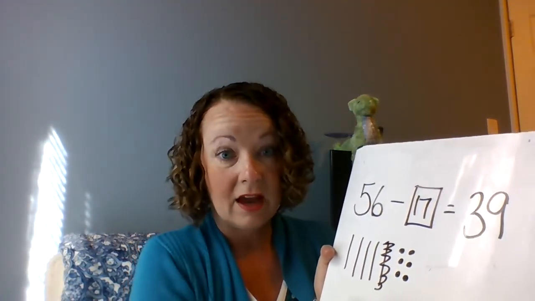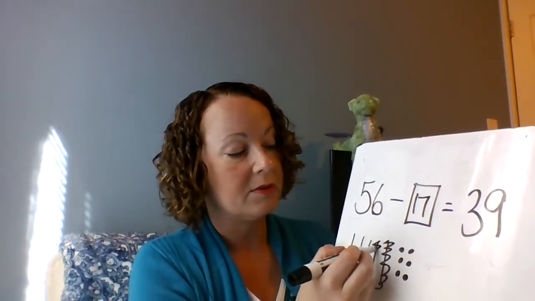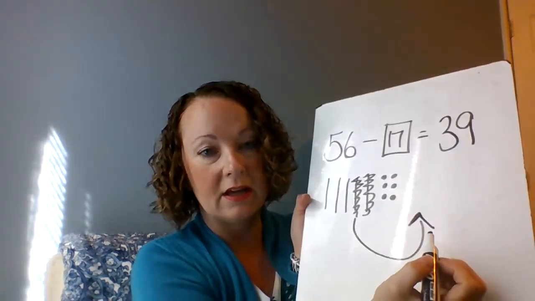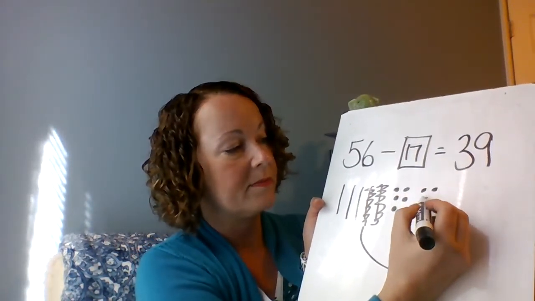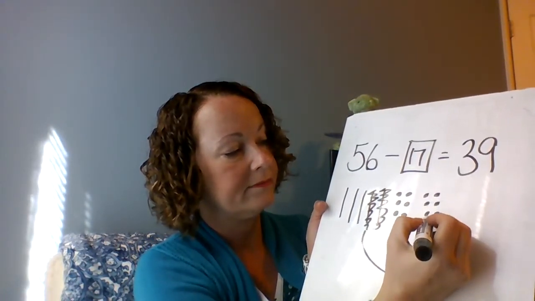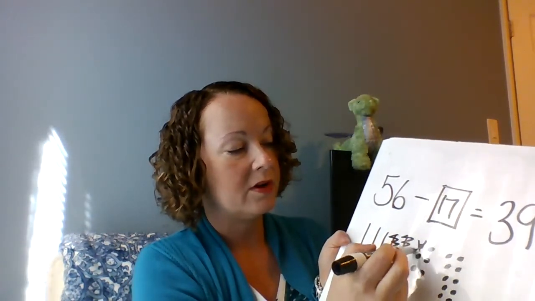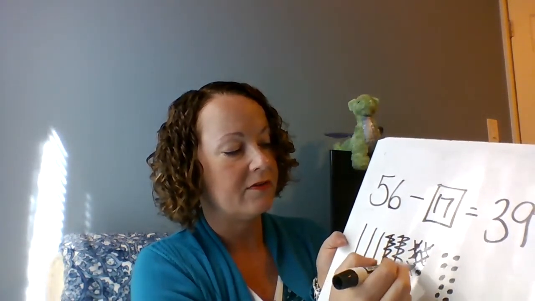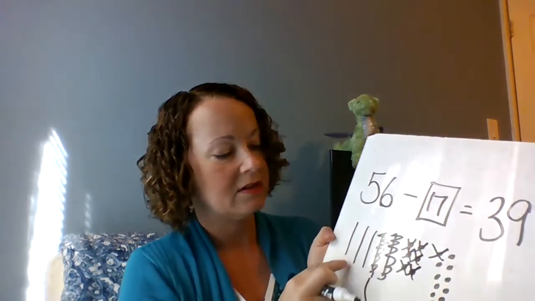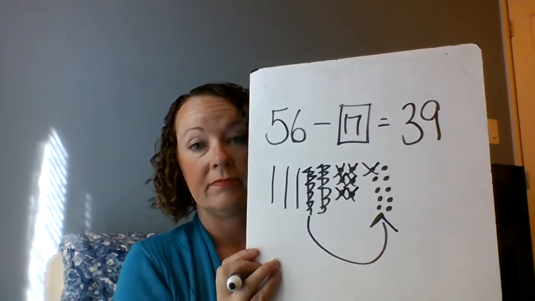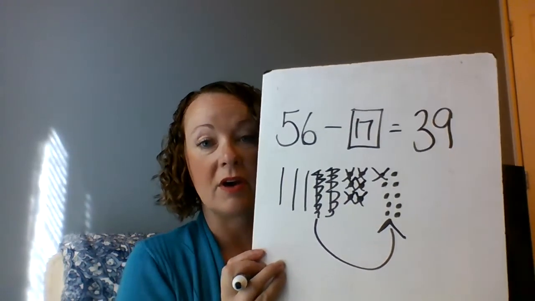Oops, I don't have enough ones. So I'm going to take this 10 and trade it in for 10 more ones. Now I can take away 7. 1, 2, 3, 4, 5, 6, 7. 10, 20, 30, and 9 ones left. Double checked my work. It works.